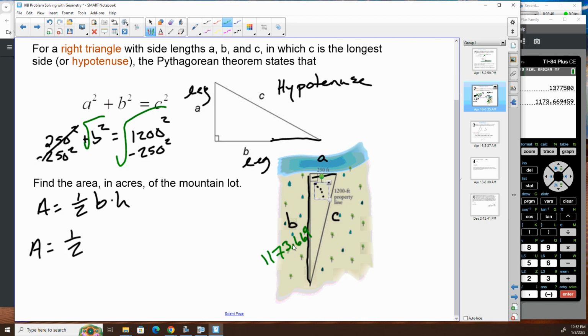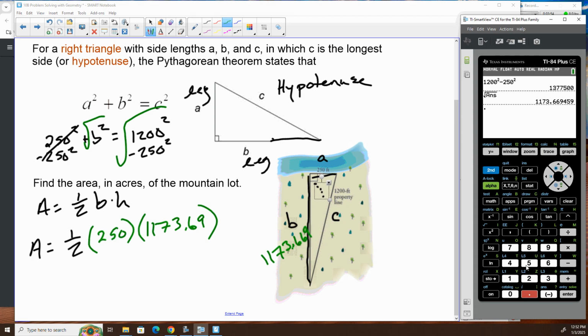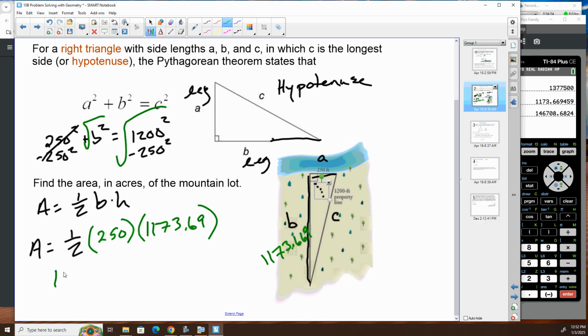So now if I want to find the area, I can go 1/2 base times height. So 1/2 times 250 times my 1173.69, and I get 146,708.68.